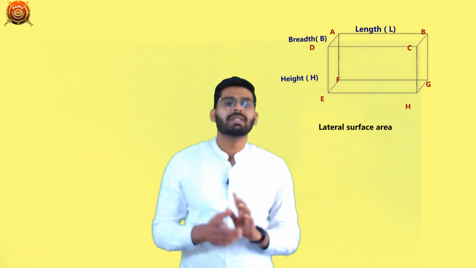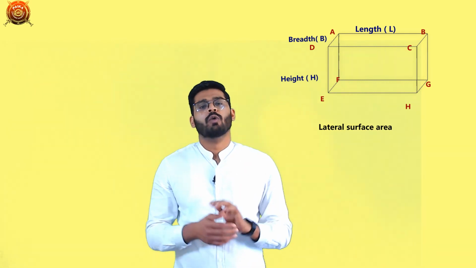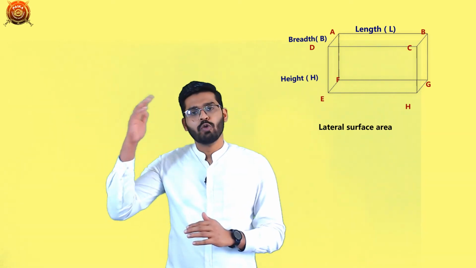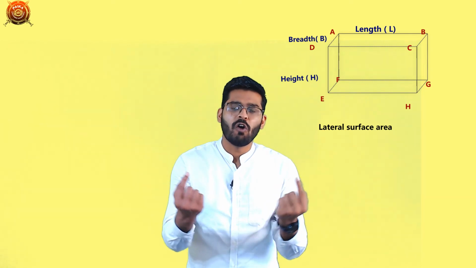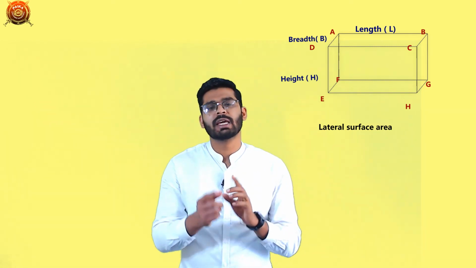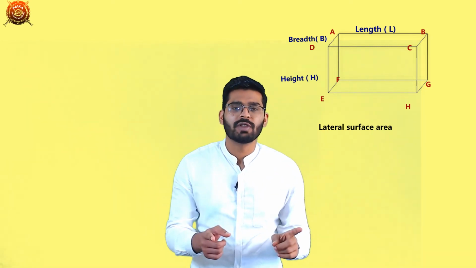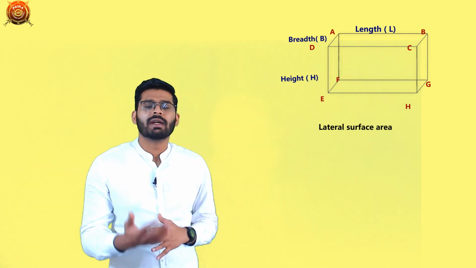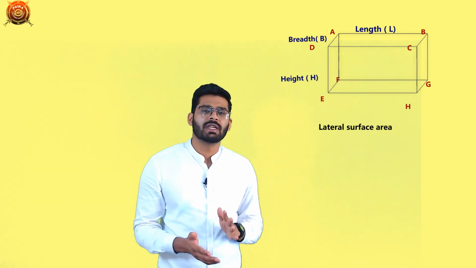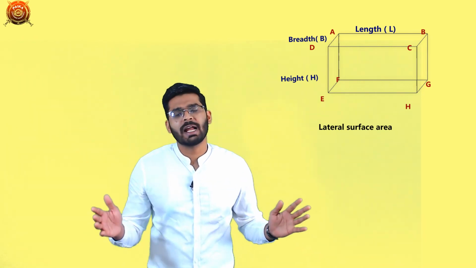So students, remember that whenever you leave the roof and floor of the room and you only find out the area of the 4 walls, in that case we say it is lateral surface area or curved surface area. Okay. So students, if you have to find out the lateral surface area or curved surface area, you have to find out the area of these 4 walls and add them.